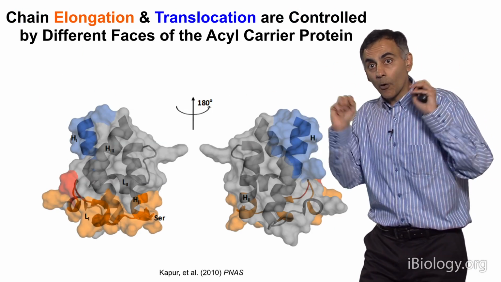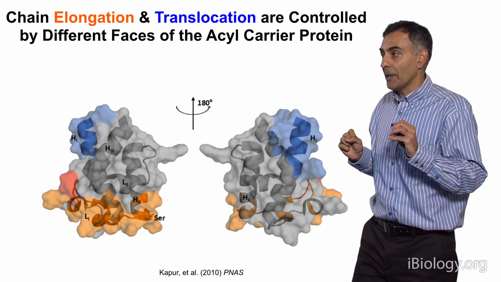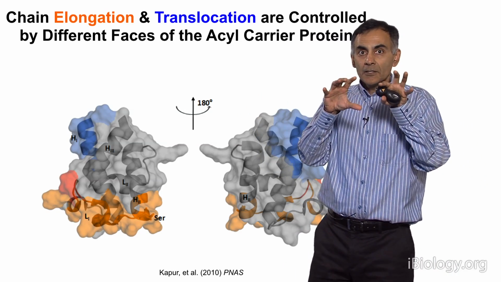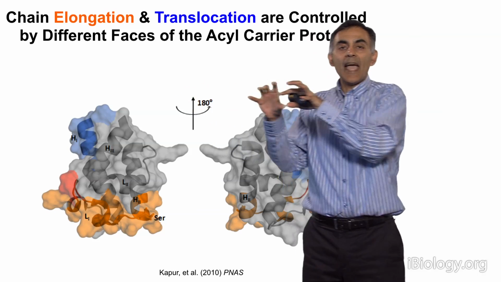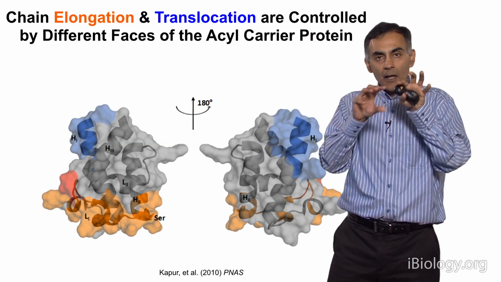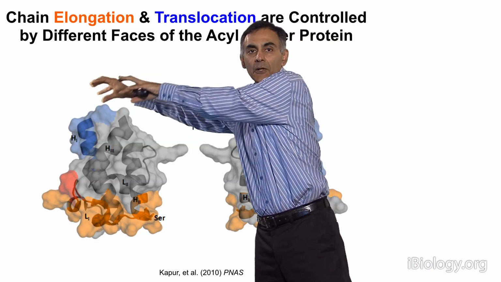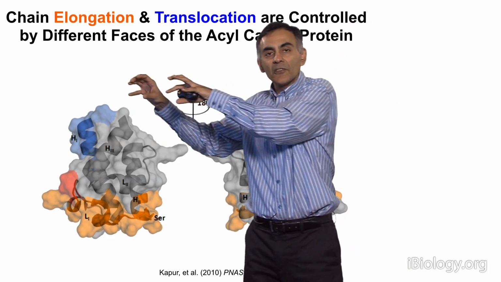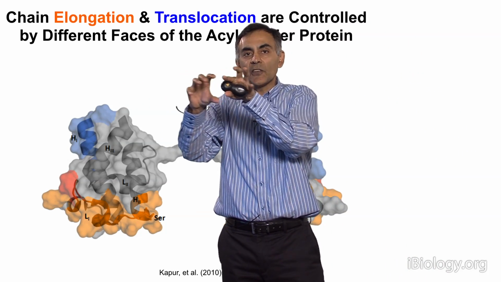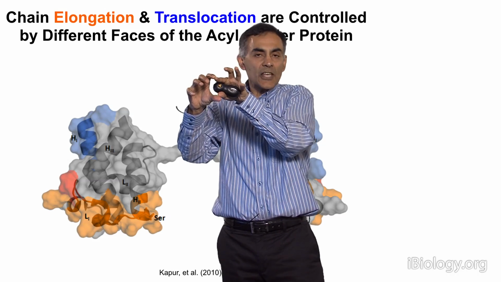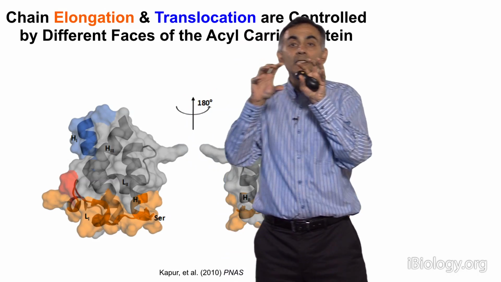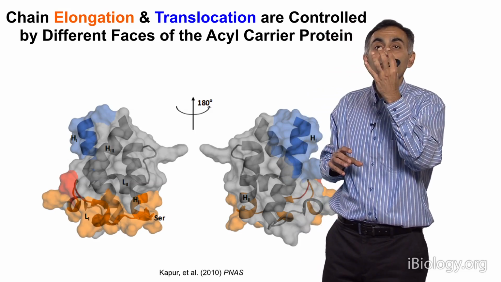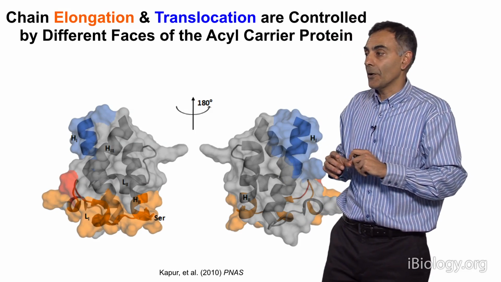And so the take-home message from experiments like this is that even though chain elongation and chain translocation are sequential events along the assembly line, and even though all of those events involve ketosynthase acyl carrier protein interactions, the specificity of those events is being driven by different faces of this carrier protein.